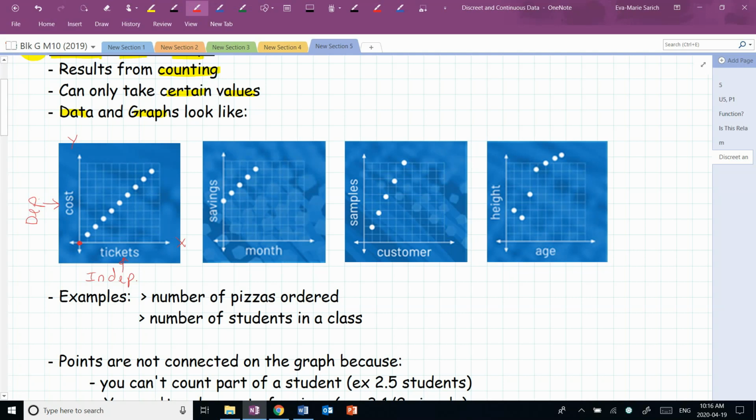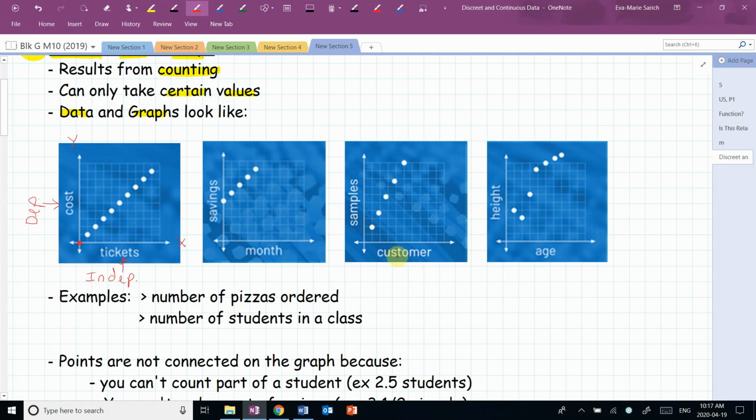Another example would be if, say, you go to Costco and the number of samples that they're going to give away, it's going to depend on the number of customers, right? So if Costco has more samples, it doesn't mean they're going to get more customers that day. So this is definitely the independent variable.